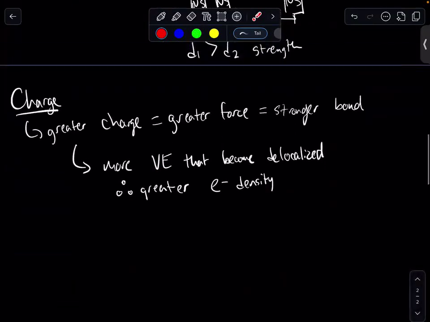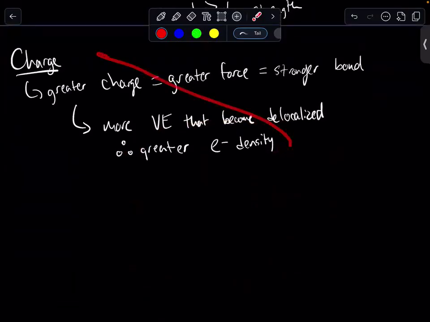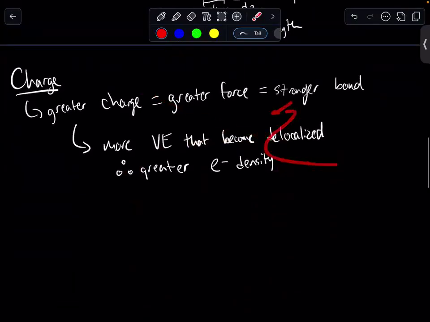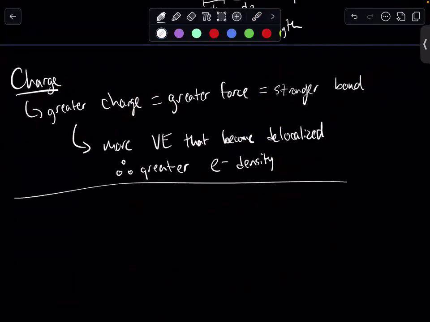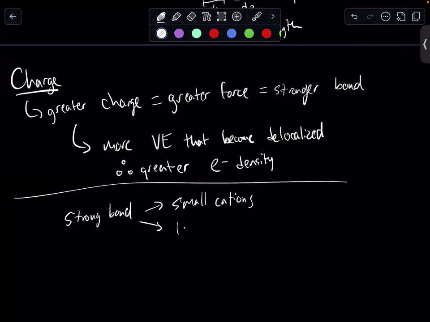The cations aren't part of the electron density, they're just the density of the metal, but we would have a greater electron density, making a stronger bond, and that also comes from our larger charge. So what we want for a strong bond are two things: small cations and large charge.